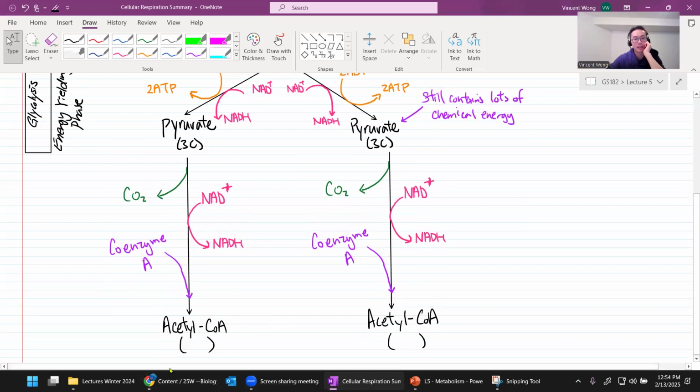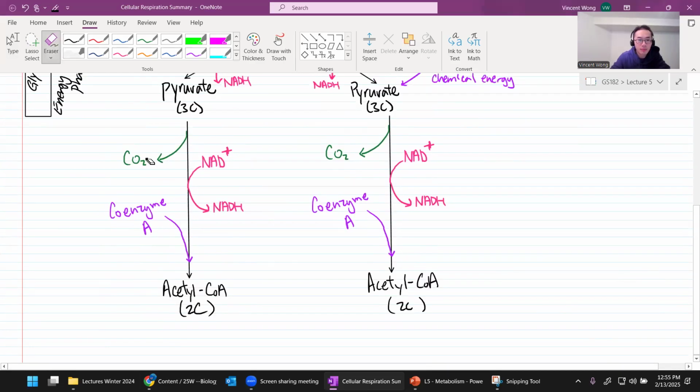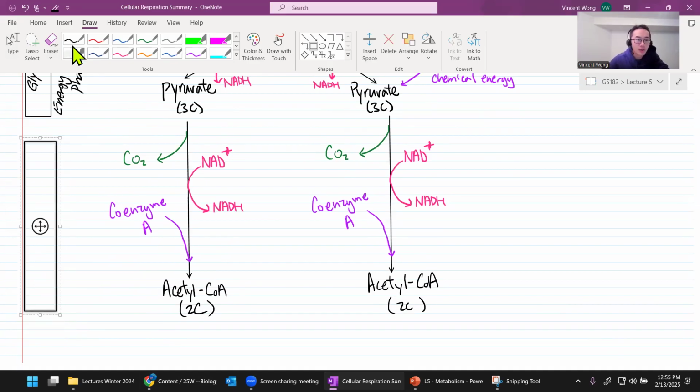So how many carbon atoms are left at this point? 2 is correct. Very good. 2 carbons. 3 carbons here, minus the carbon in carbon dioxide, we are down to 2 carbons. So this here is called pyruvate oxidation. And it happens in the matrix.